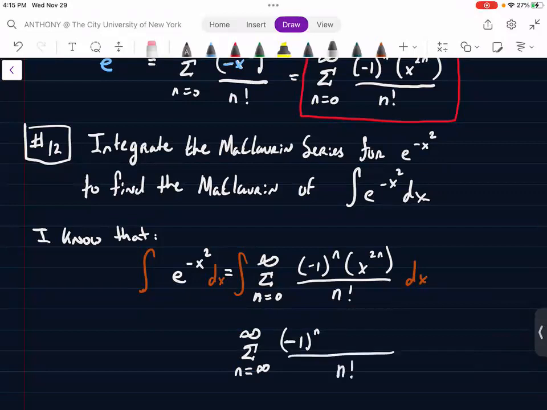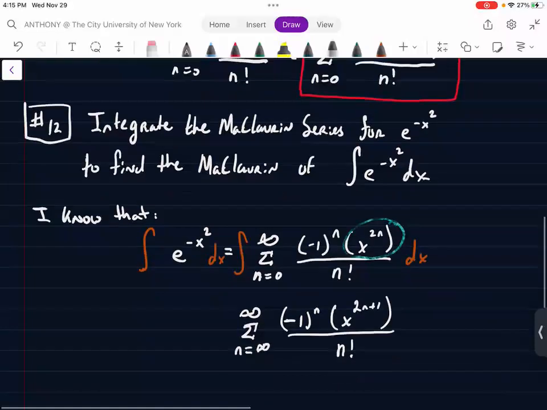On the bottom, you're going to have your n factorial. But if you take the antiderivative of the x to the 2n, using your power rule, you add 1 to the exponent and then divide by that sum. So what you're going to get is x to the power of 2n plus 1, and then you divide by 2n plus 1 on the bottom, and that will be your solution.